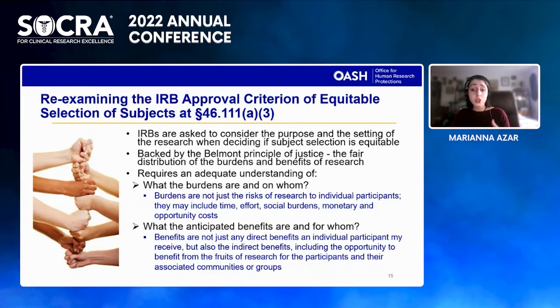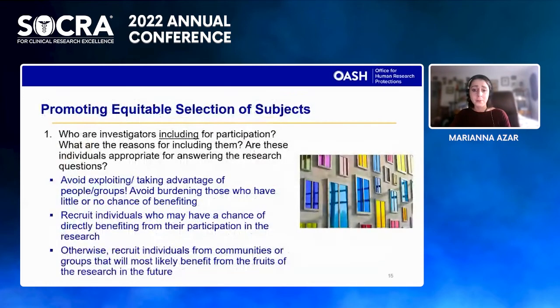So, this can include the generalizability of the research findings, new treatments and interventions that result, but also more immediate benefits, such as the resources and infrastructure that the research may bring to the community or group. This can be through something like opening a health clinic, providing health screenings as part of the research procedures, allowing access to medical and other personnel, gifting tablets to a school that are initially used to conduct research but subsequently gifted to the school for standard educational purposes.